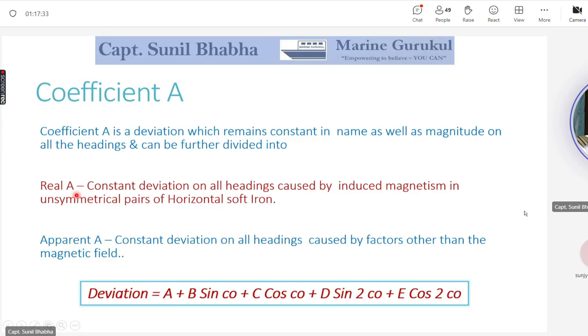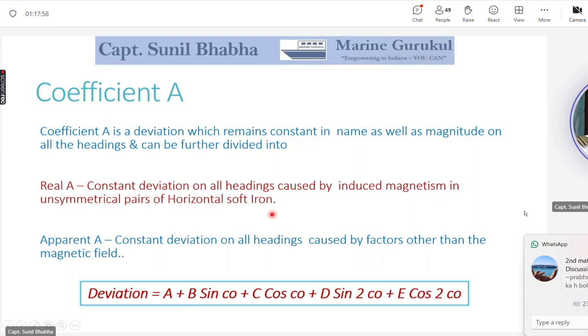One is called real A, another is called apparent A. What is this real A part of the coefficient A? It is a constant deviation on all the headings caused by induced magnetism in unsymmetrical pairs of horizontal soft iron.